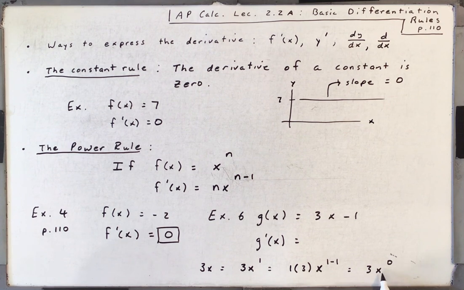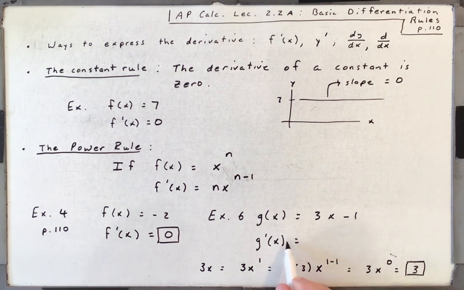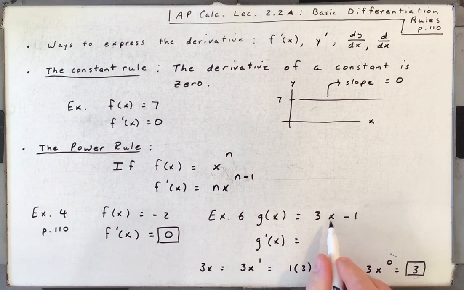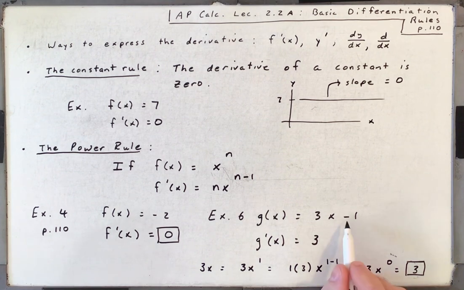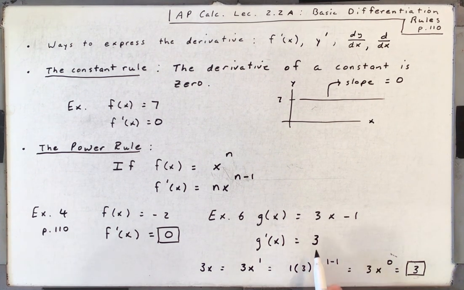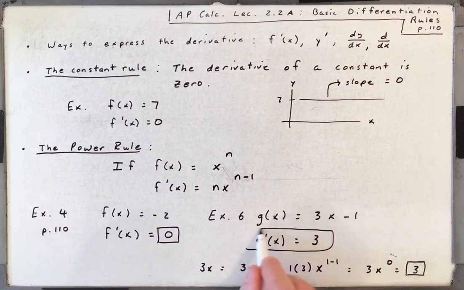Well, what is anything to the 0 power? It's 1. So that's just 3. So the derivative, g prime of x, you just drop the x when it's to the first power, and it's just going to be 3. And then the derivative of negative 1 is 0. So the answer is g prime of x equals 3.